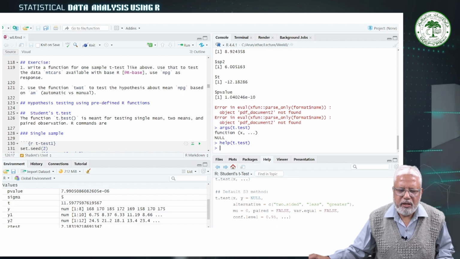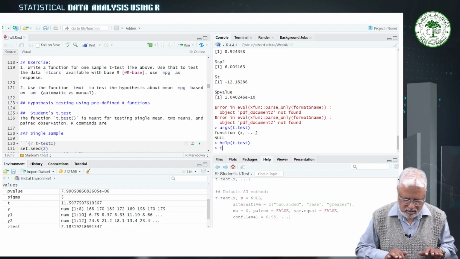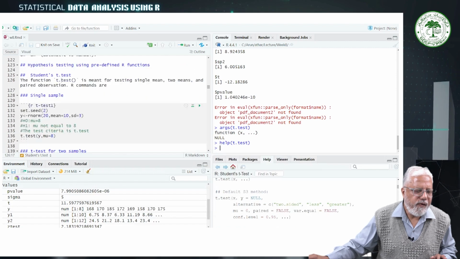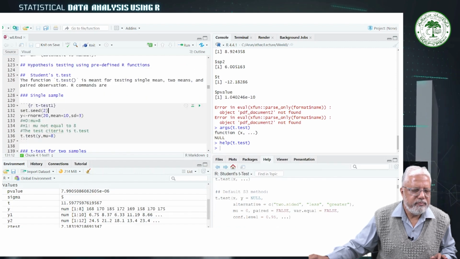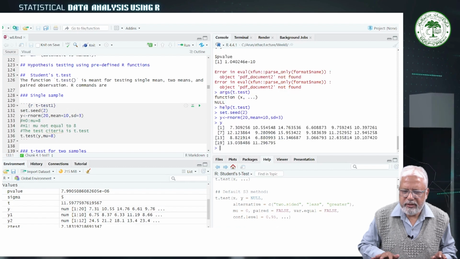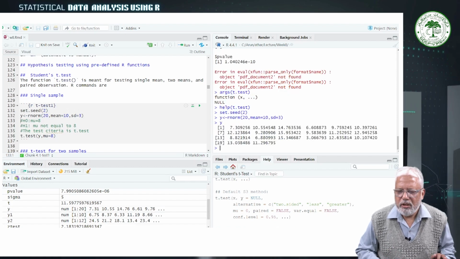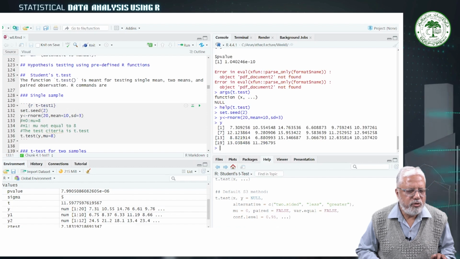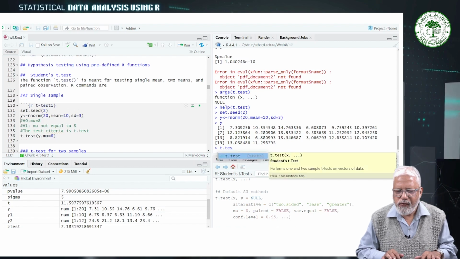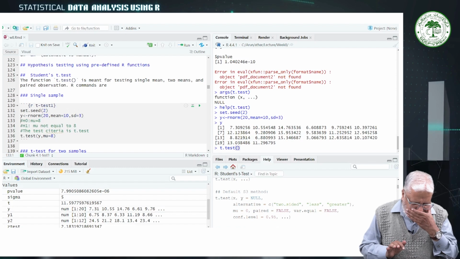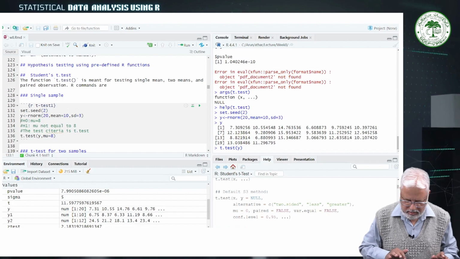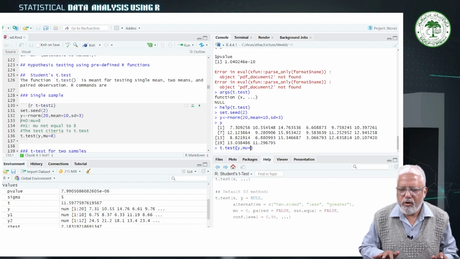Say, for example, we use t.test and simulate the data with rnorm. So y is this: these are the 20 observations with mean 10, and we want to test with t.test, the vector y, and mu equal to 8.